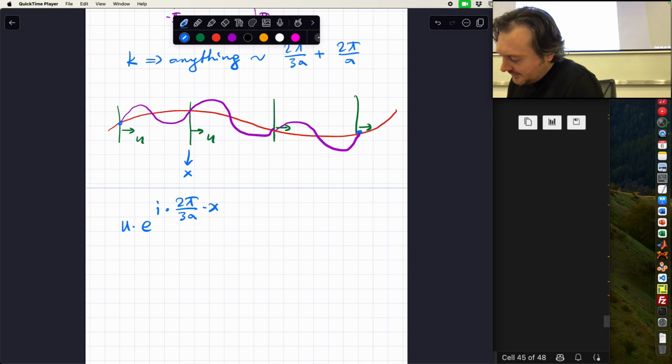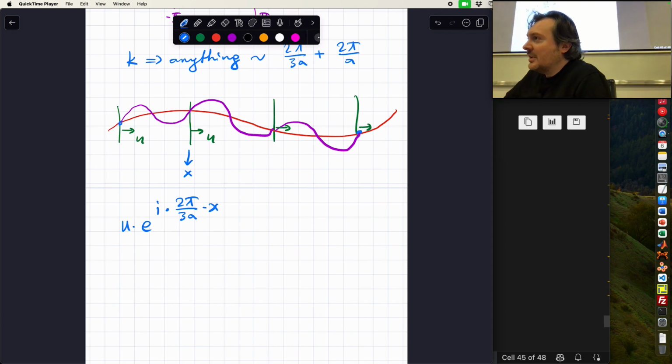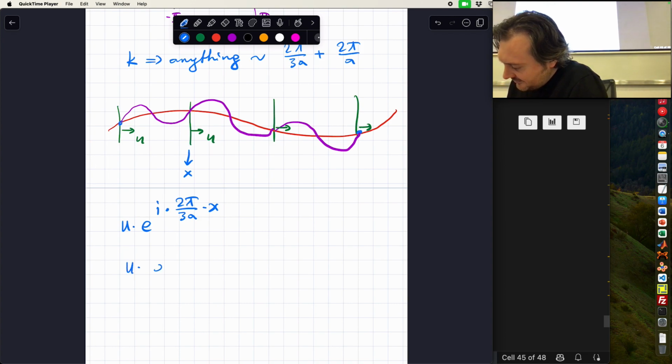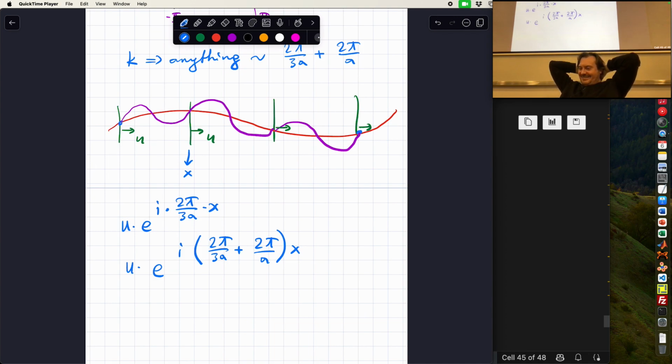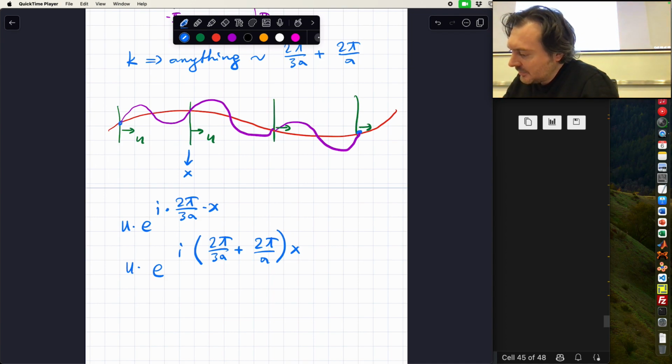I hope it works. It doesn't work, but just trust me that it works. What matters is actually the difference. So let me try it again.